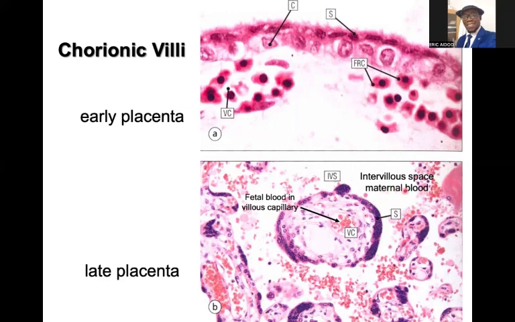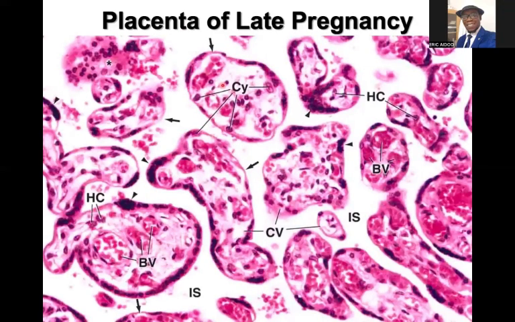Intervillous space, maternal blood. So this is late placenta, early placenta. In a placenta, you usually find oval spherical masses with blood vessels within them. Hofbauer cells are also there.